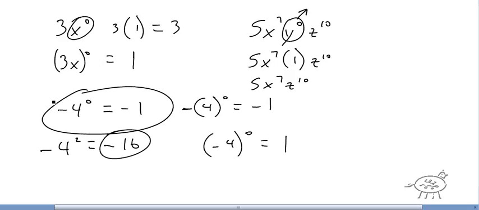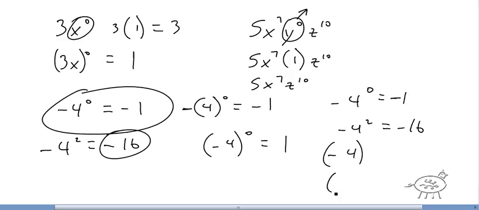All right, so be really careful. So again, negative 4 to the 0 power is negative 1, just like negative 4 squared is negative 16. Very important. Okay, as opposed to that, in parentheses, to the 0 or squared, now it's equal to 1, and that's equal to positive 16.